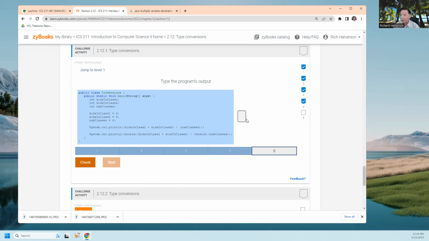But it's all integer, so it's just going to be 7. And the last one is we've doubled this, and we've doubled this. So it's 15.0 times 2.0, which is 7.5 with the decimal point.